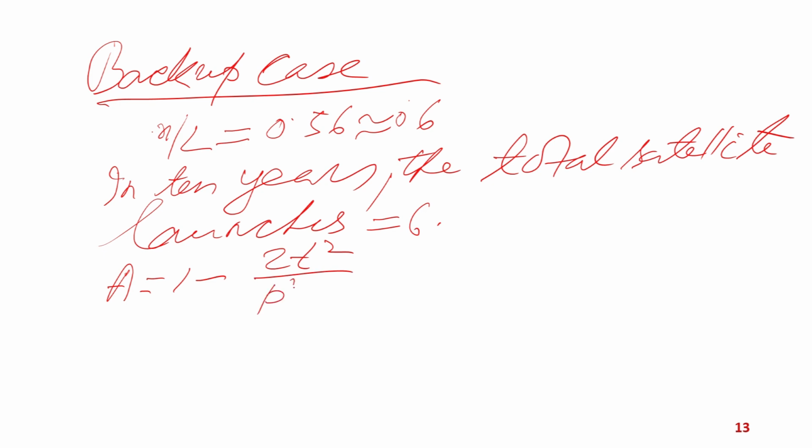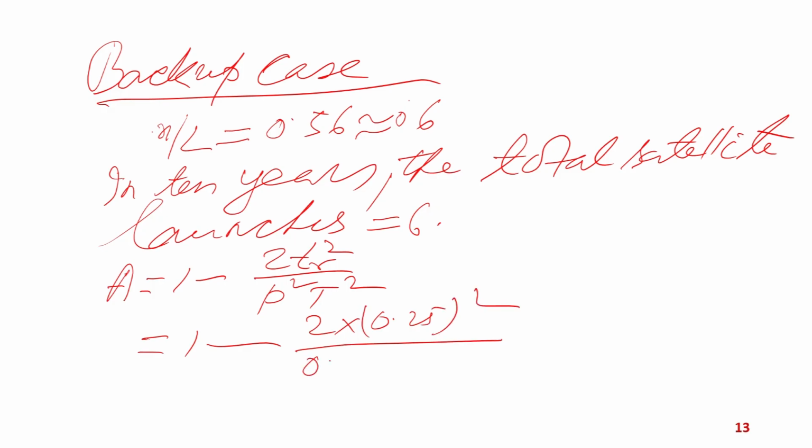Now you can calculate the satellite availability A equal to 1 minus 2 Tr square divided by P square T square. Substituting these values, 1 minus 2 into 0.25 whole square divided by 0.9 square into 10 square, you can show this is equal to 0.9985.